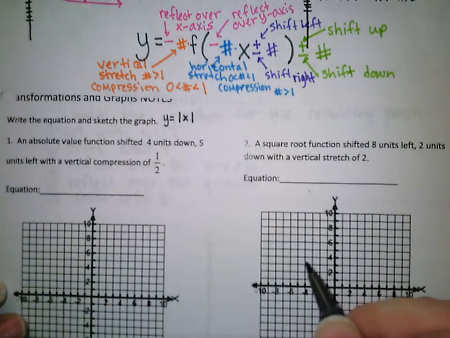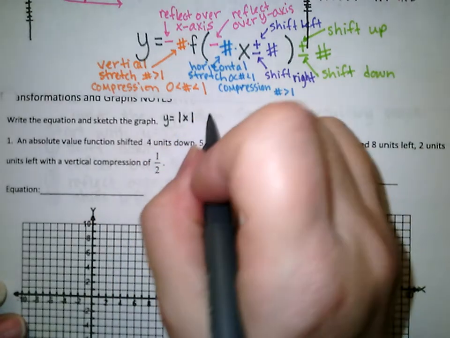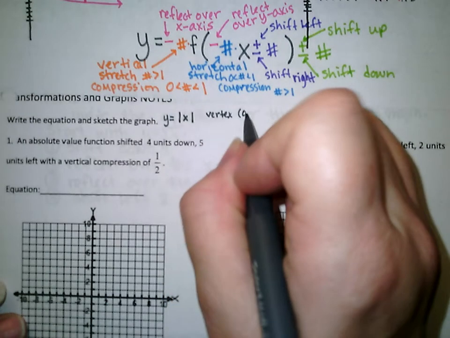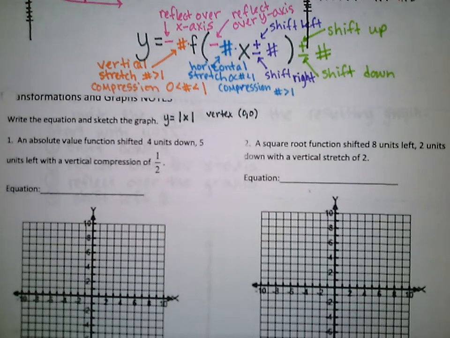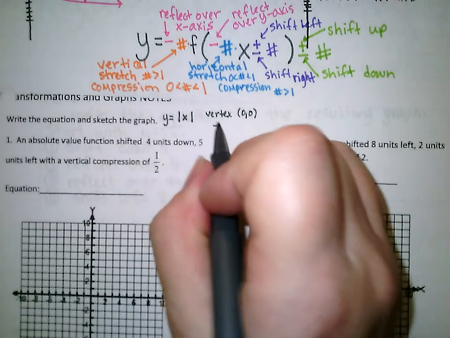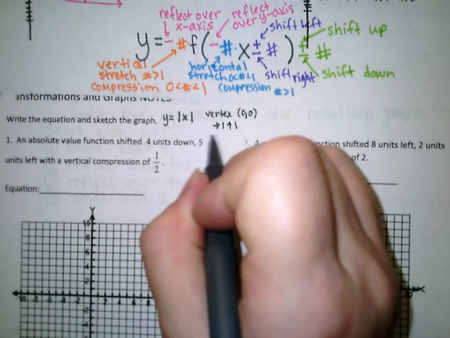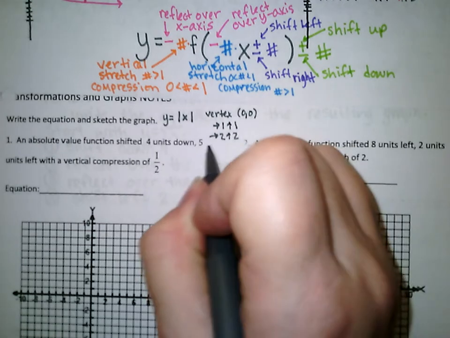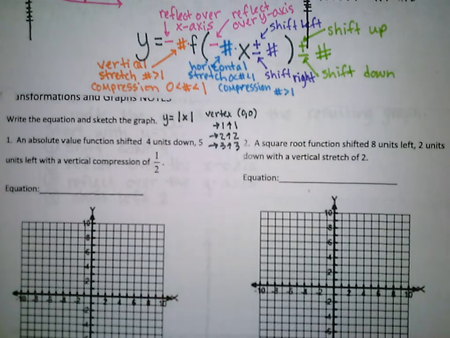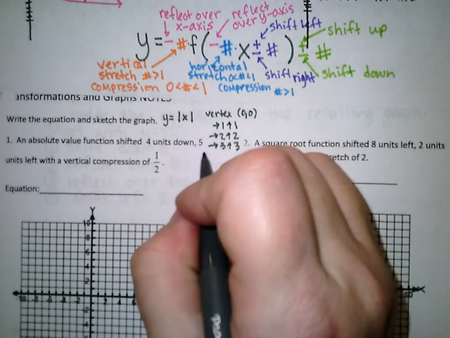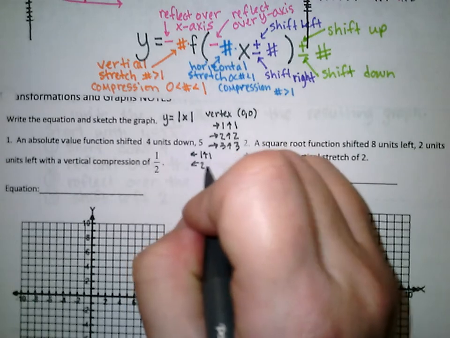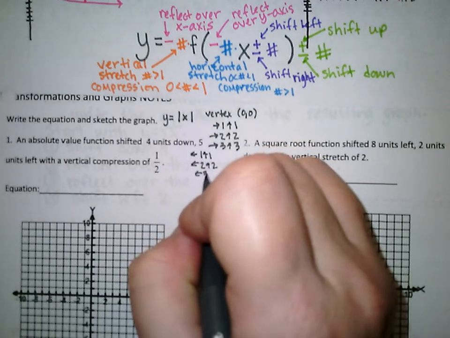That's the one that looks like a V. It has a vertex at 0, 0. And then it is going to go over 1, up 1, over 2, up 2, over 3, up 3. And then it also goes the other direction to make that V. So it goes left 1, up 1, left 2, up 2, left 3, up 3.